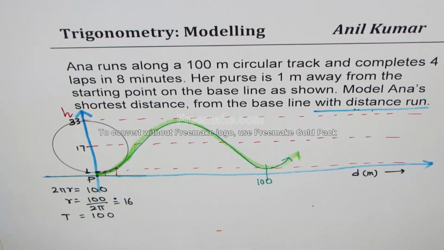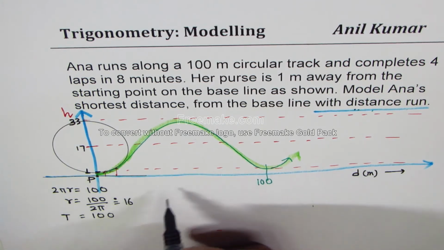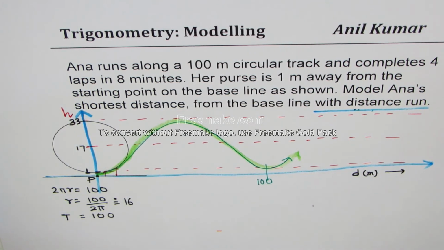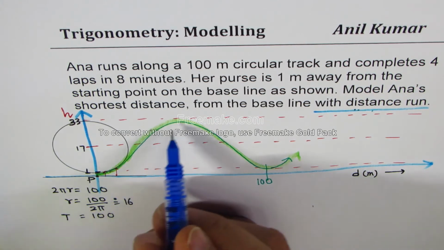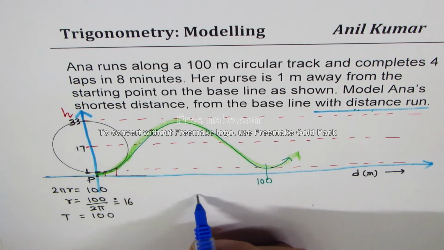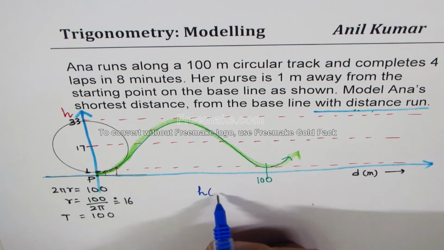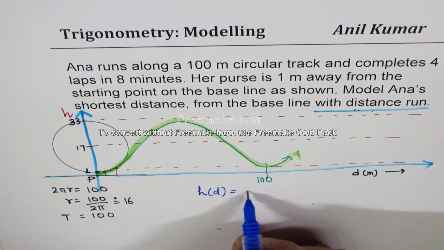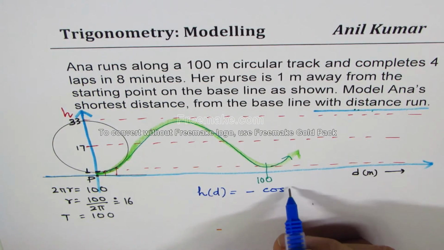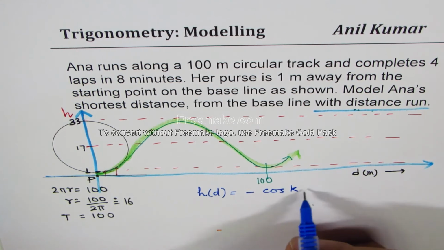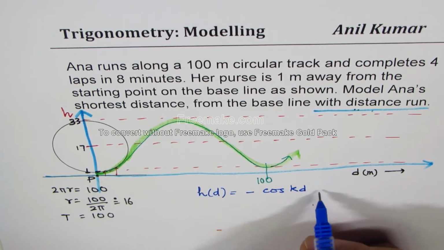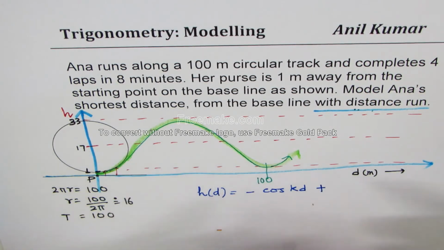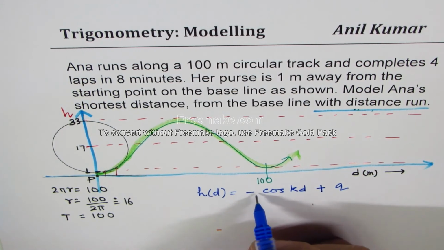And therefore, when we talk about k, we are still working with a similar equation. Let me write down the equation first. Since we are starting with a negative point, height with respect to distance d is equal to minus cos of k times d, this distance, plus the axis, so let's put this still as q. And we know the amplitude.